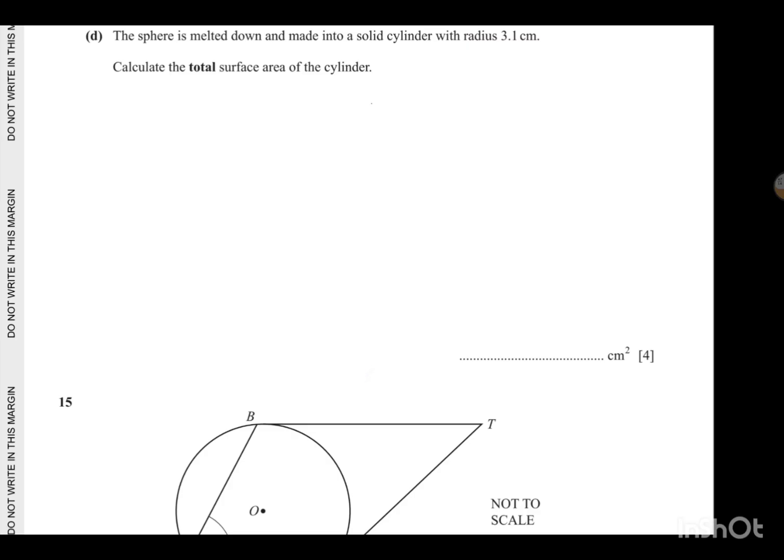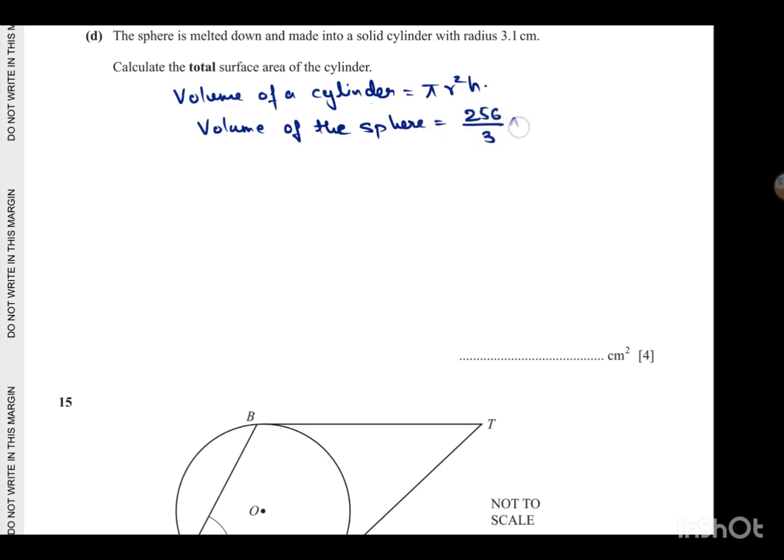So first of all, the formula for the volume of a cylinder is pi r square h, and we know the volume of the sphere. Volume of the sphere is 256 by 3 pi.